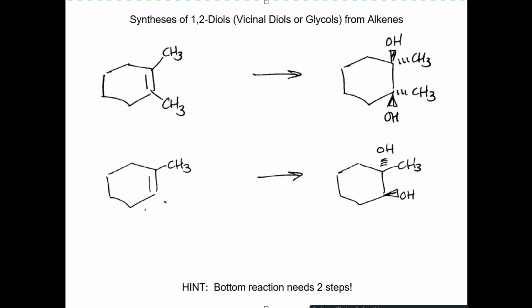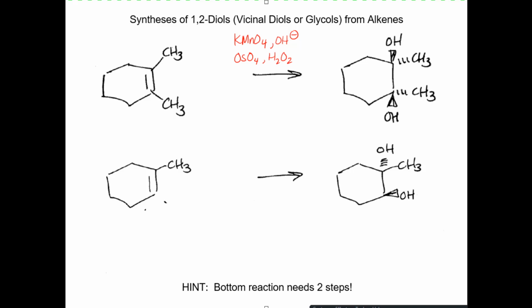Well, from the last class, last semester, you could use KMnO4 and hydroxide. What else could I use? I could use osmium tetroxide and hydrogen peroxide. Both of those do cis hydroxylation.